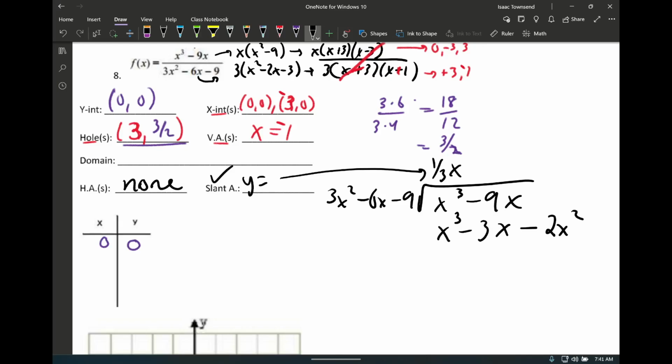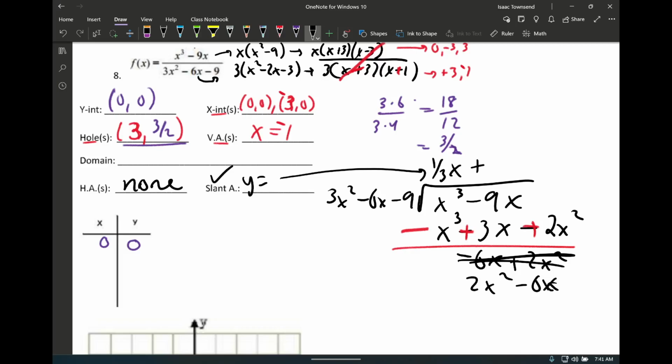So, looks like we would get that. Change all the signs and add. And I'm just going to switch the order of those, so it makes it a little bit easier for me. And then looks like it can go one more time.